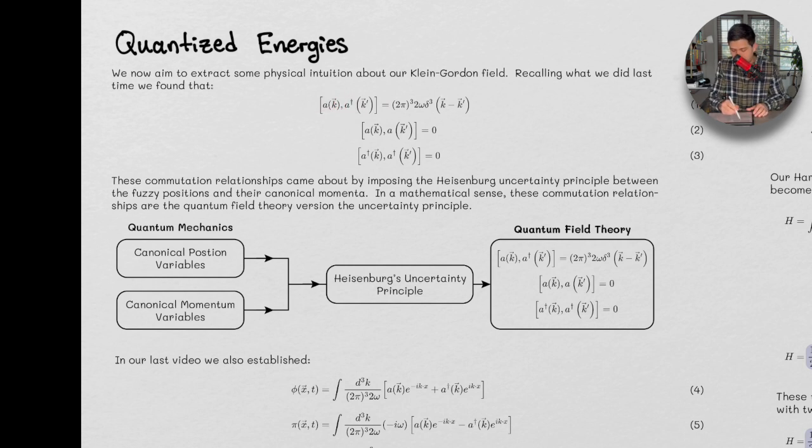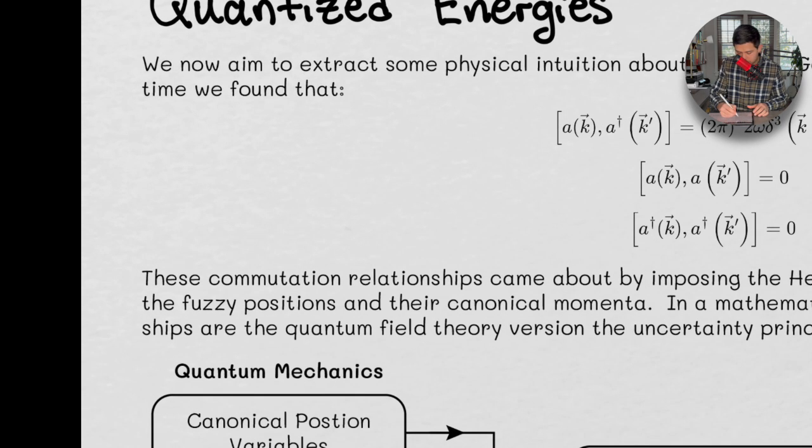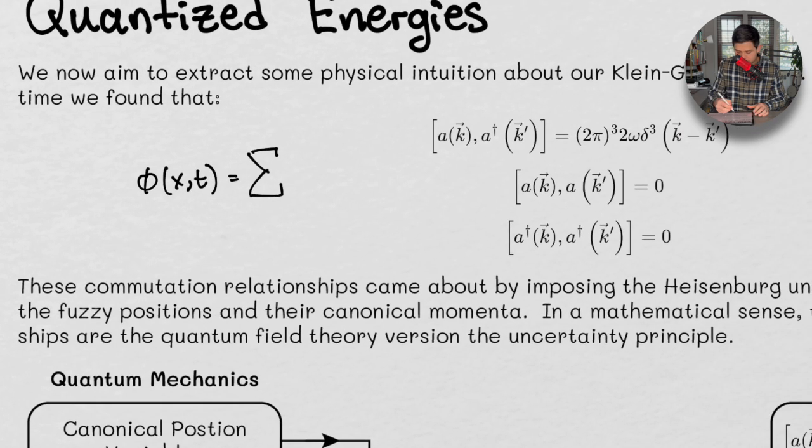So our general solution, again, looked a little something like phi of x and t, and it was a sum of waves, right?